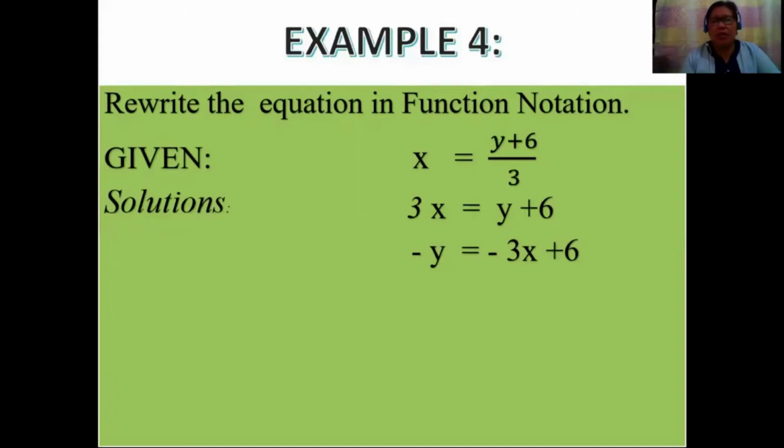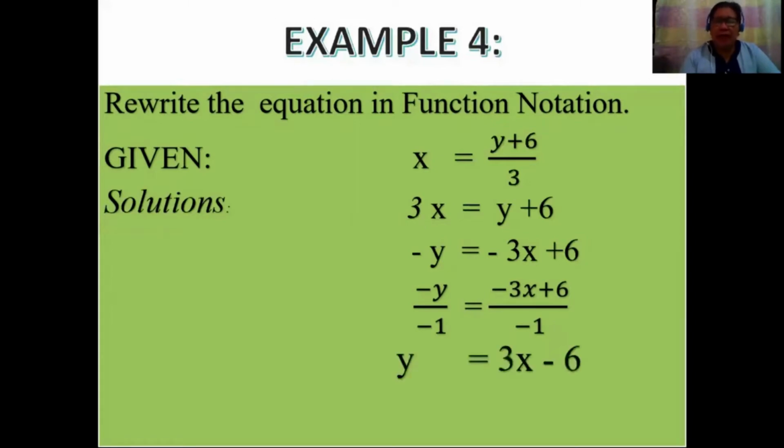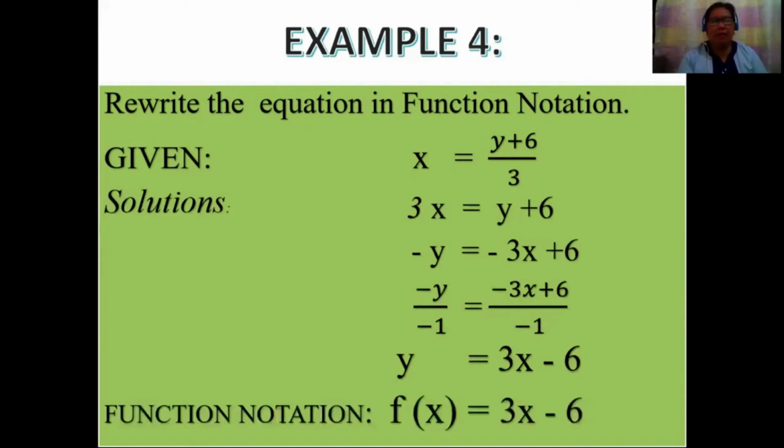Transpose 3x to the other side and it becomes negative 3x plus 6. Simplify by dividing by negative 1 and also the other side. Simplify also the signs. Then we will have y is equal to 3x minus 6. The function notation is f of x is equal to 3x minus 6.